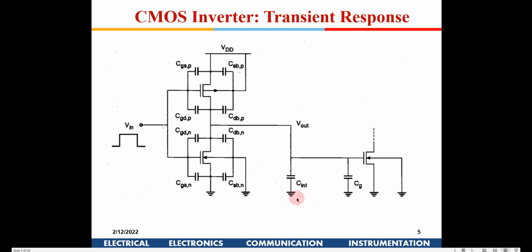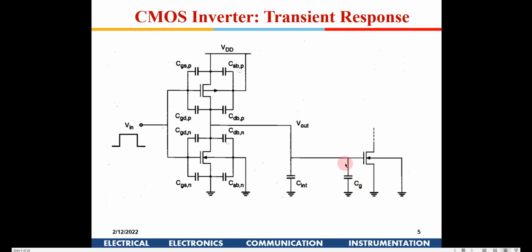So this is a square input being applied, and this is our inverter. All these capacitances are there, and when it is driving the next stage, there could be n number of MOSFETs which it is driving. So this is one inverter, and you will find the net gate capacitance comes as a load capacitance.